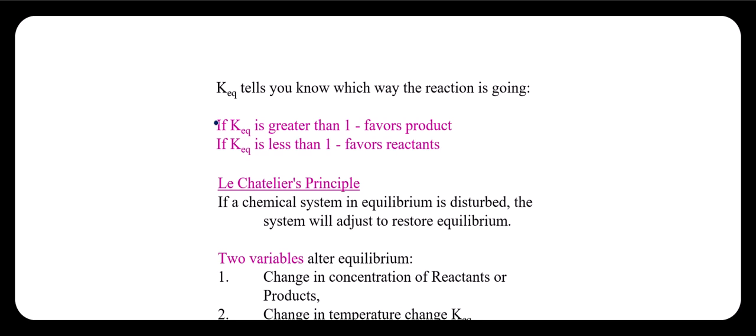A little more eloquently, if a chemical system is in equilibrium and it's disturbed, the system will adjust to restore the equilibrium. So there's a couple of ways of adjusting or messing up an equilibrium. One you'll remember because it's the one we're going to do. We can add or take away product or reactant. We'll talk about that in a minute.